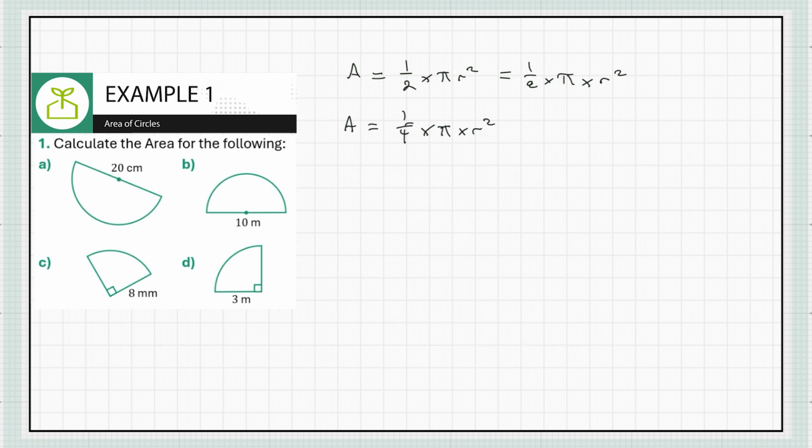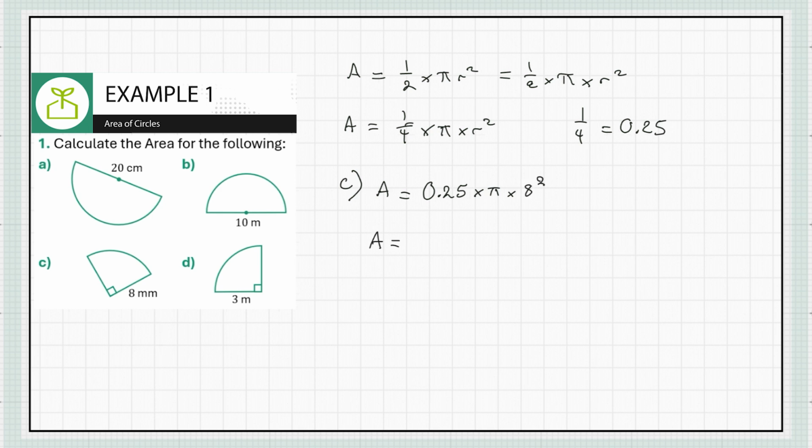Alright, now let's look at the area of a quadrant. So the area of a quadrant is equal to 1 over 4, and 1 over 4 is also the same as 0.25. So 1 over 4 times pi times our radius squared. So for our first one, our radius is equal to 8 millimeters. So the area will be equal to 0.25 multiplied by pi multiplied by 8 squared.